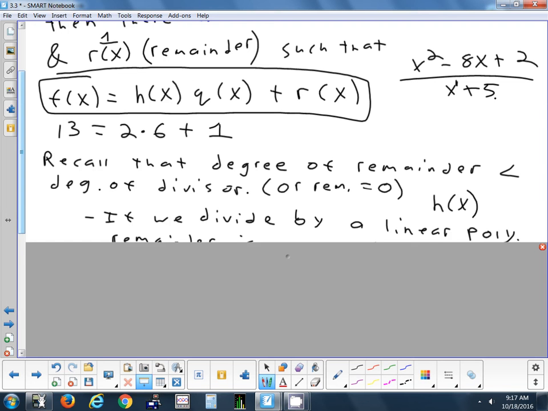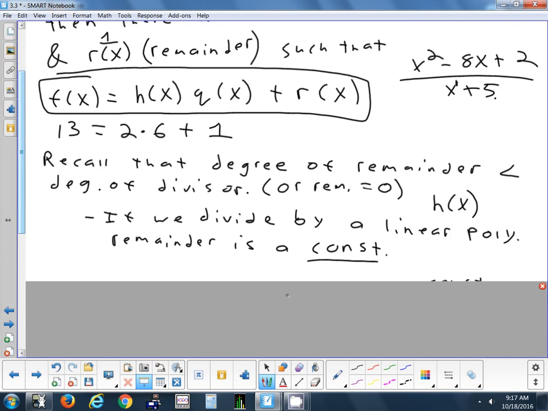A degree 0. And what's another name for a term that has a degree 0 for the variable? We normally don't call it that. Isn't it just 1? It's a term I'm thinking of, begins with a C. Constant. So if you divide by something linear, meaning the highest exponent is a 1, your remainder is just a number, a constant.